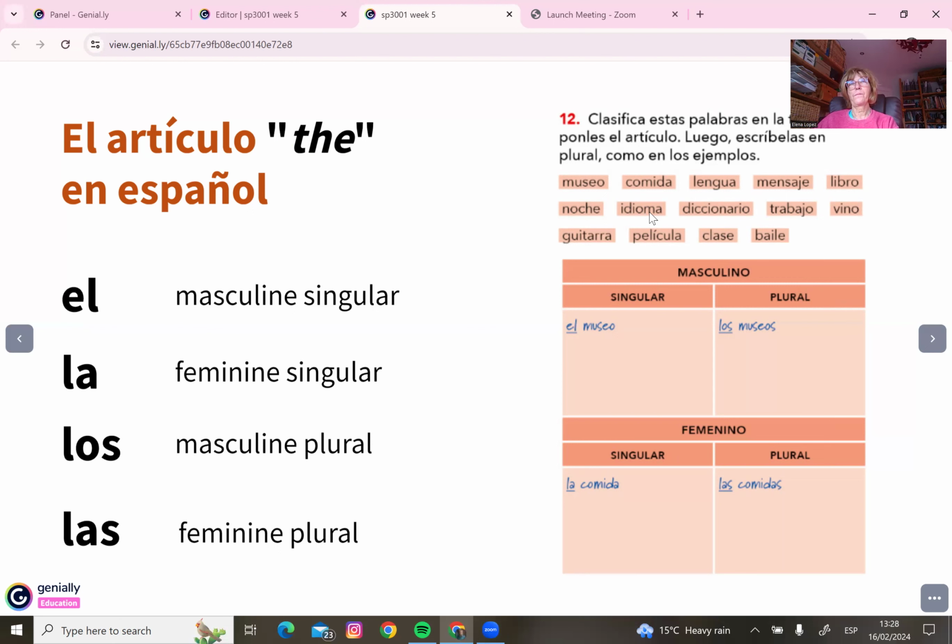El idioma, los idiomas. El diccionario, los diccionarios. El trabajo, los trabajos. El vino, los vinos. La guitarra, las guitarras. La película, the film. Las películas. La clase de español, the Spanish class. Las clases de español. El baile flamenco, el baile tango. Los bailes.